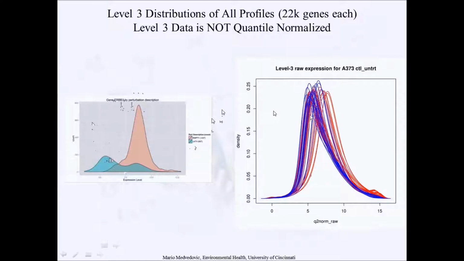If they were quantile normalized, you would expect basically to see one line here. But it turns out that level 3 data is not quantile normalized.